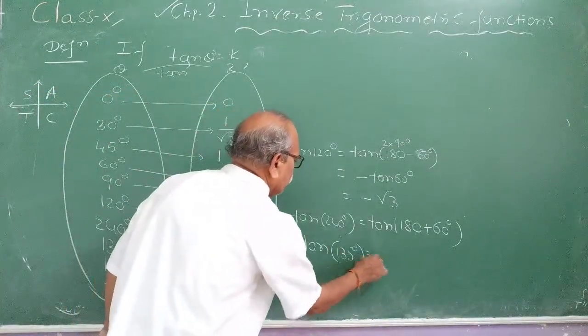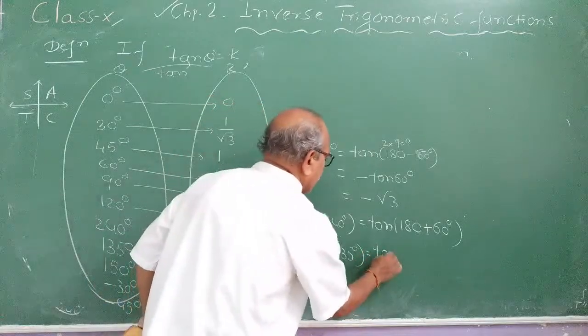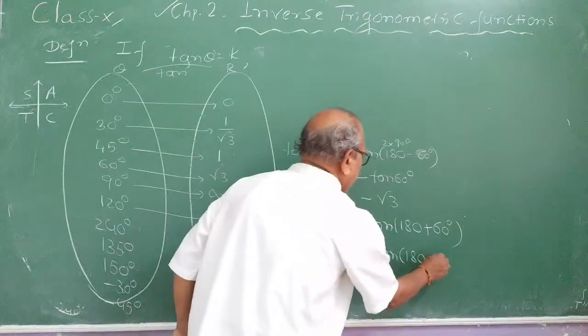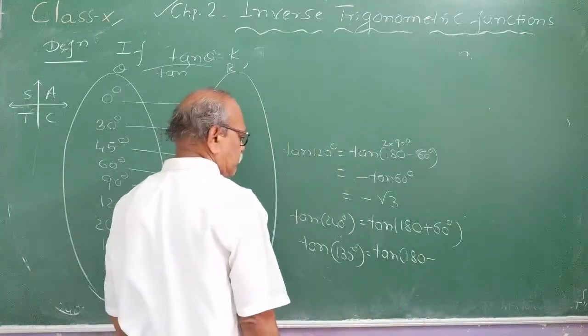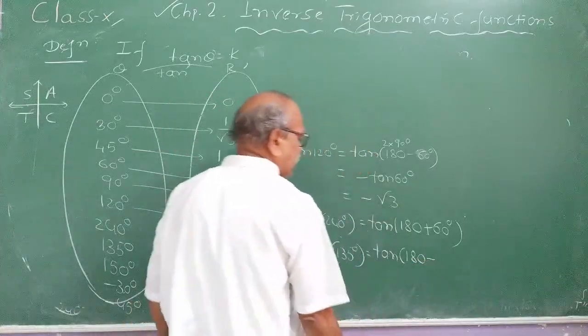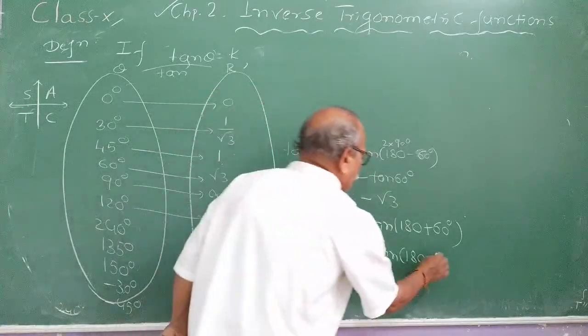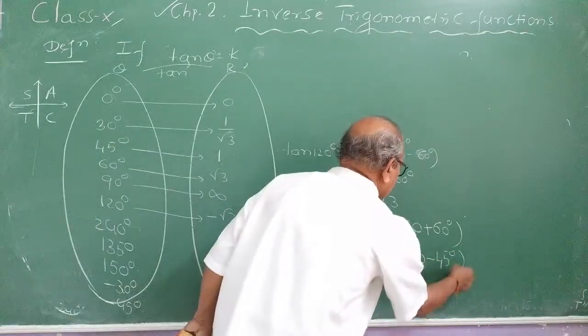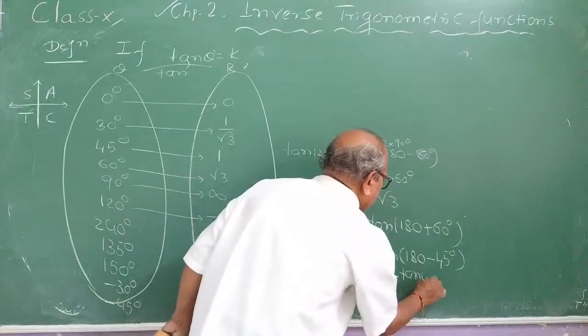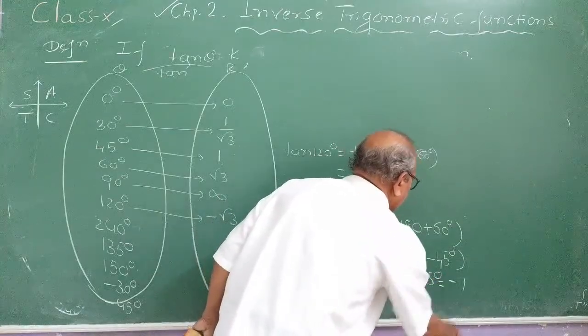That is tan 180 minus 45 degree. Second quadrant. You will get minus tan 45 degree. No doubt you will get minus 1.